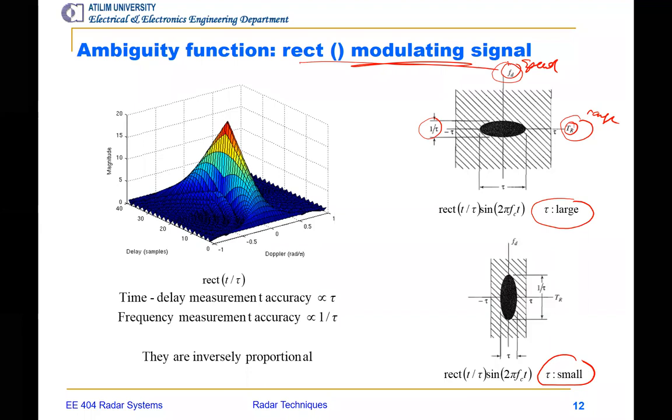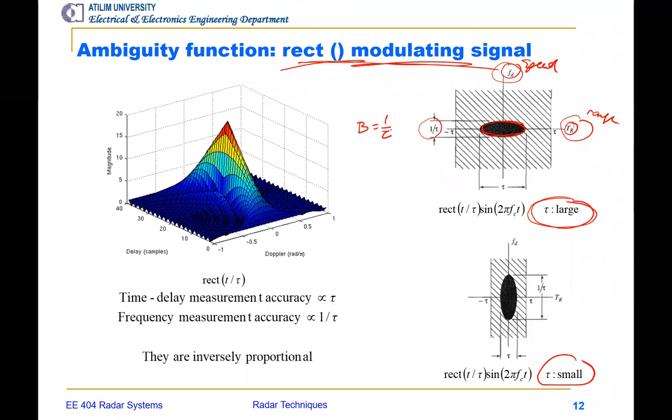When we take large tau, then the width of the ambiguity function, as you see, is larger over the time axis compared with that on the speed axis. Okay, it's narrower in speed axis because the bandwidth in simple rectangular modulating signal, the bandwidth is 1 over tau.